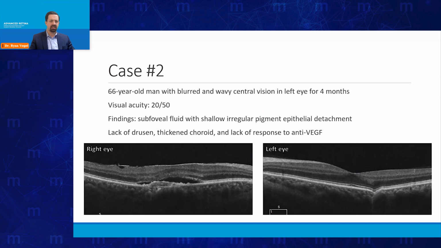Of note, this patient did not have any appreciable drusen that we could detect. So while it looks like age-related macular degeneration at first glance, it probably was not. He did have a thick choroid, and he had a choroidal excavation in the fellow eye. So we believe he had the pachychoroid spectrum disease, basically a spectrum of central serous chorioretinopathy.